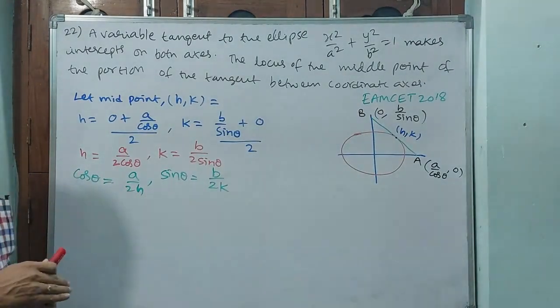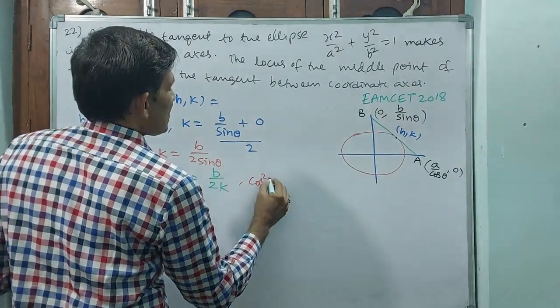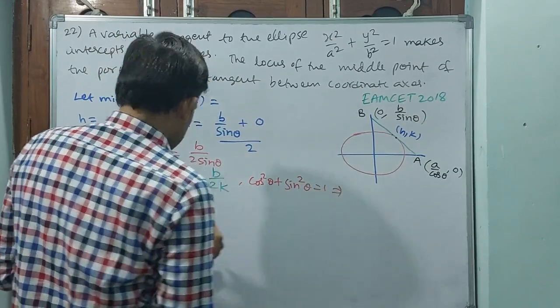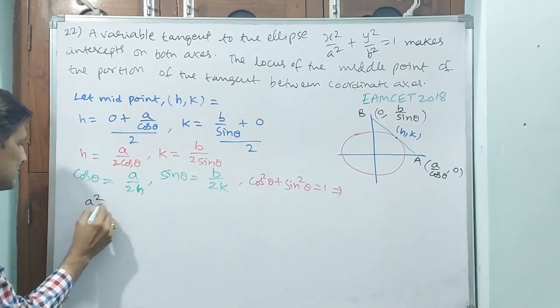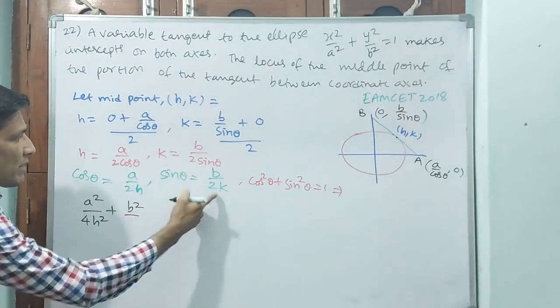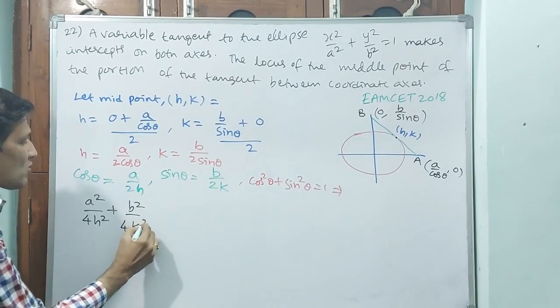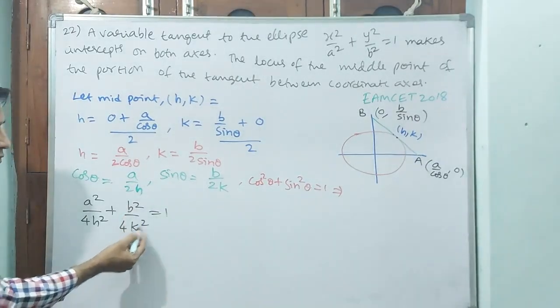Now we know cos square theta plus sin square theta is equal to 1, write down. This implies a square by 4h square plus b square by 4k square is equal to 1.